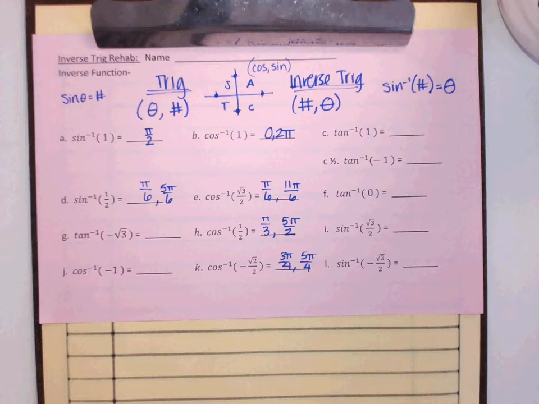So what angle or what finger are sine and cosine equal at? Pi fourths. Now, I want tan to be positive 1. So pi fourths is here. Where else is tan positive? Which letter? T. So if this is 4 out of 4, what would that be? Okay, so pi fourths, 5 pi fourths. Okay, next one.